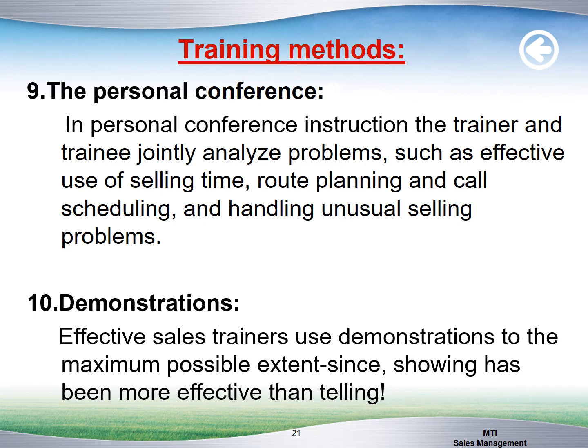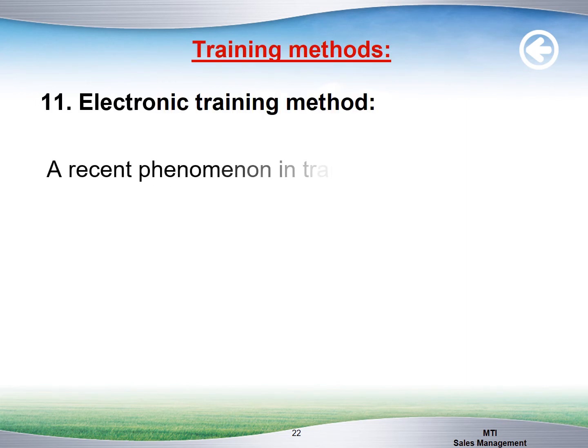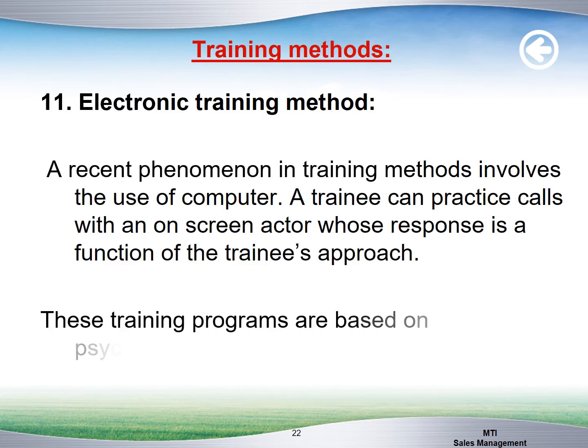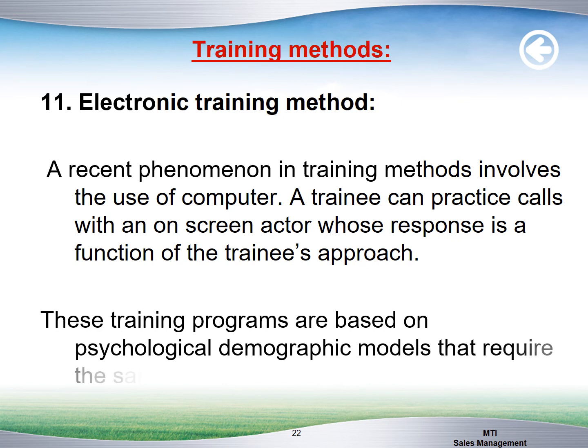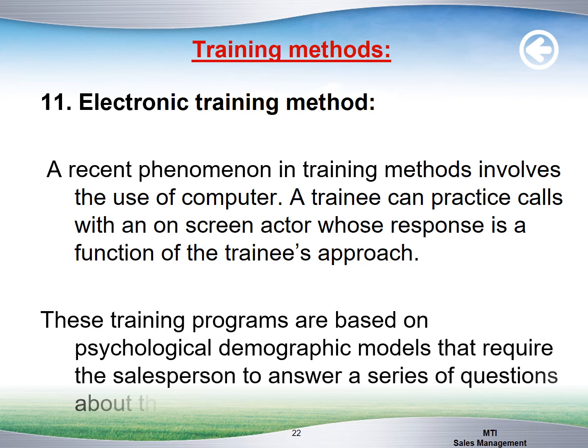After that, the personal conference, and this one is not suitable for the beginner. Then there are training programs based on psychological and demographic factors, and electronic training methods, like videos or something like that.